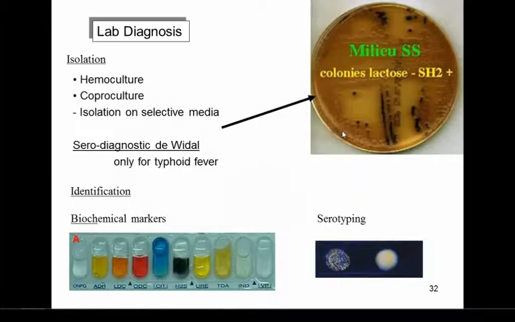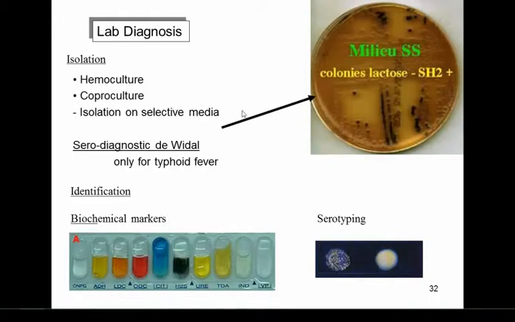So how do you identify them? They cause salmonellosis, gastroenteritis, and can cause typhoid fever if they are transported into the blood. So mostly you'll be using coproculture to identify Salmonella, sometimes hemoculture.